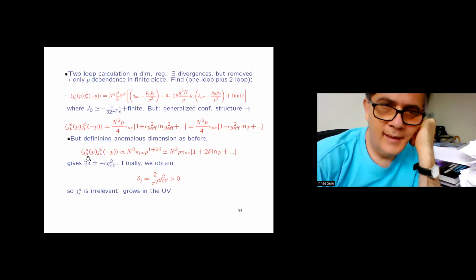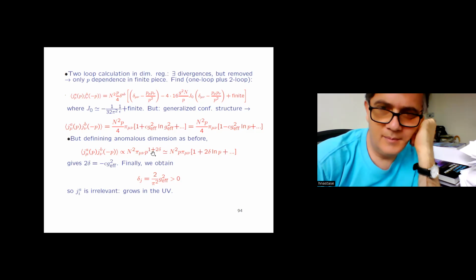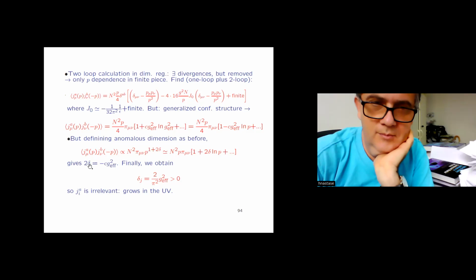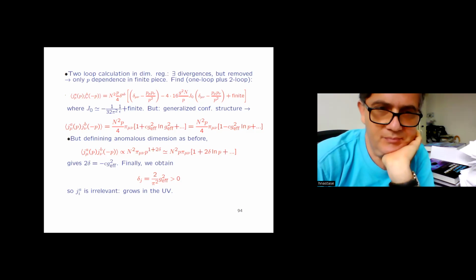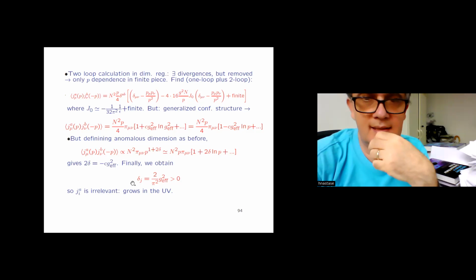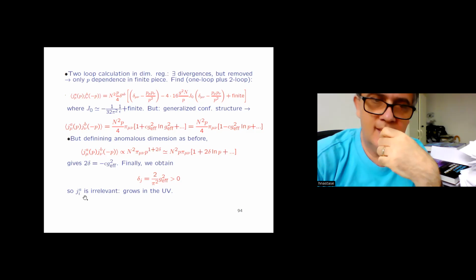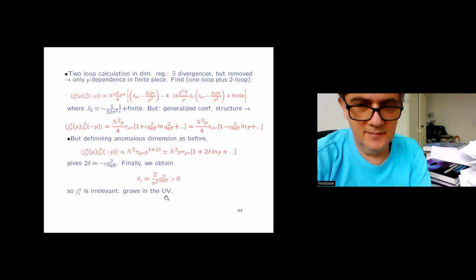And if this would generically, as before, be proportional to p to the 1 plus 2 times the anomalous dimension delta, then we would get plus 2 delta log p. And so this 2 times the anomalous dimension is minus a coefficient times g squared effective. We obtain that this delta, the anomalous dimension, is positive, which means the Noether current is irrelevant. It grows in the UV, not in the IR.